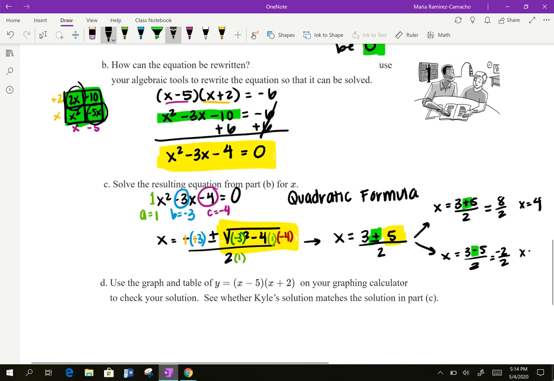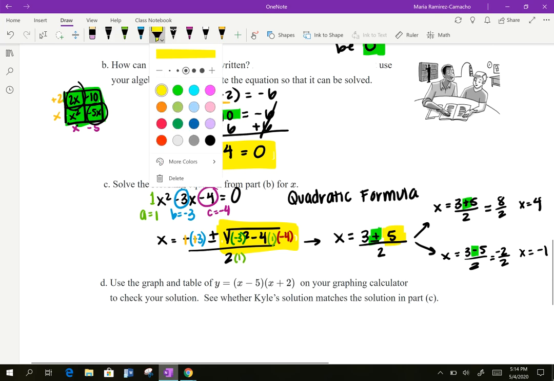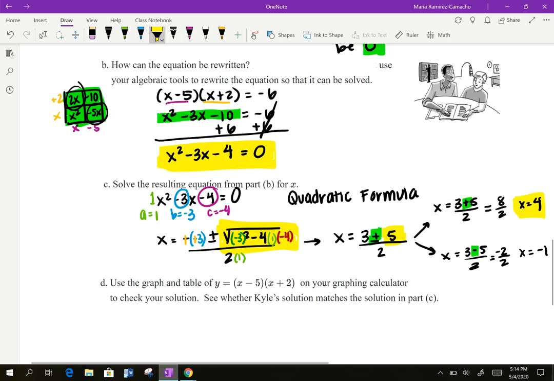Negative 2 over 2 is negative 1. Okay, this is an exact form because we did not have to use a decimal to approximate any non-nice square roots. Okay, so those are my 2 solutions.